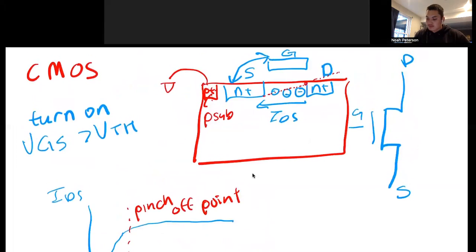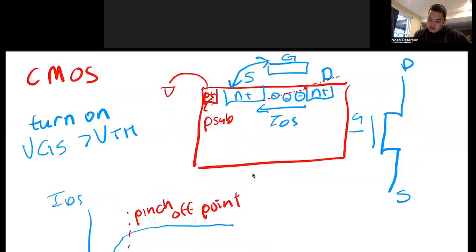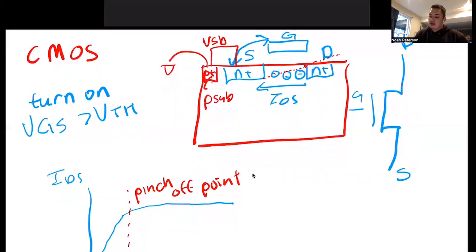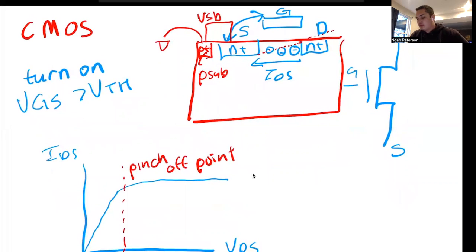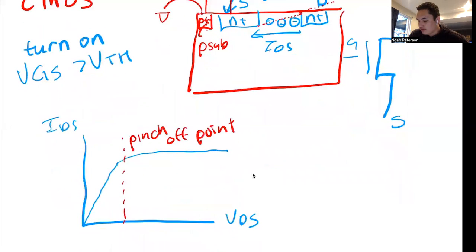Then you can induce a voltage between these two, which is generally called your voltage VSB, and that can make it more difficult, or increase your threshold voltage.